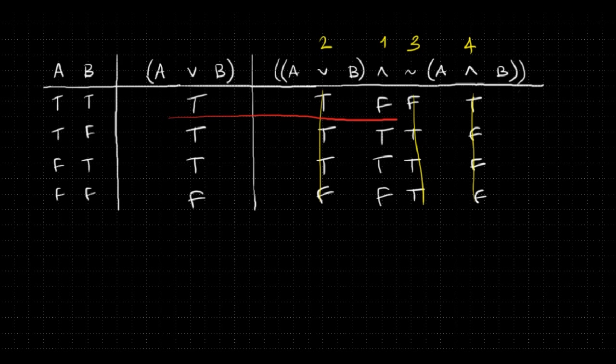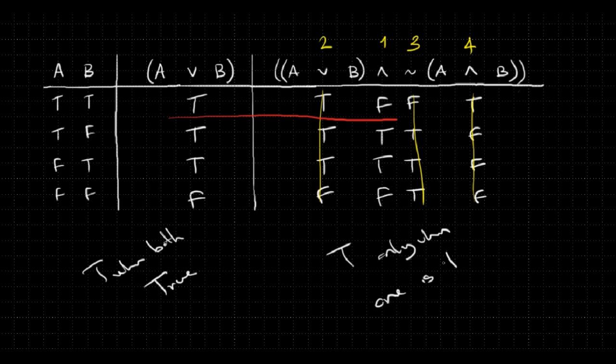So an inclusive disjunction, an inclusive OR, is true when both are true. Whereas this exclusive disjunction excludes that case where they're both true. So this is true only when one is true.